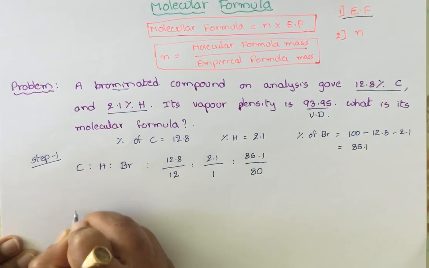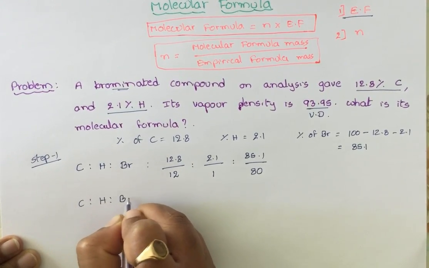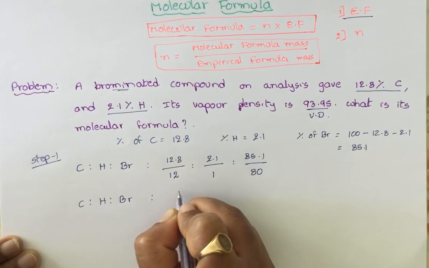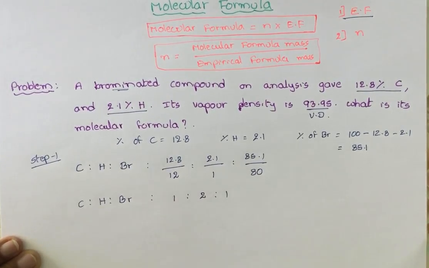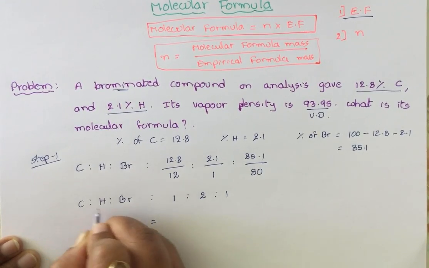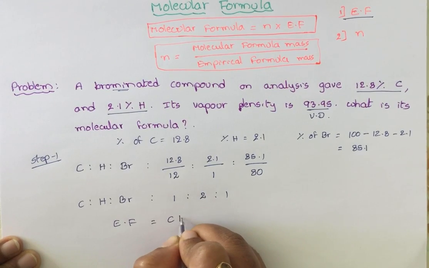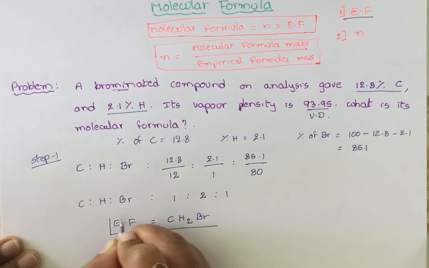Now simplify this ratio, and I get 1 is to 2 is to 1. So the empirical formula is C1 H2 Br1, that is CH2Br. The first step is completed.